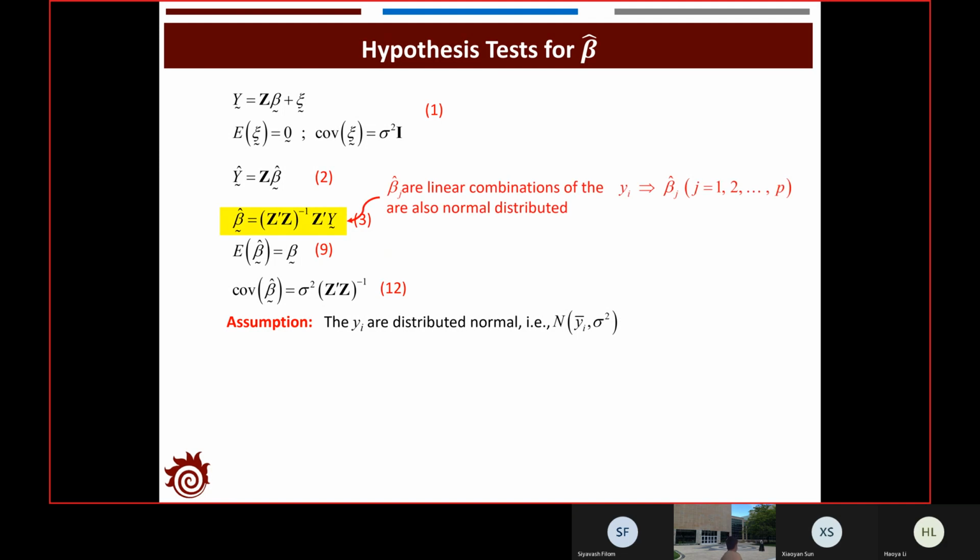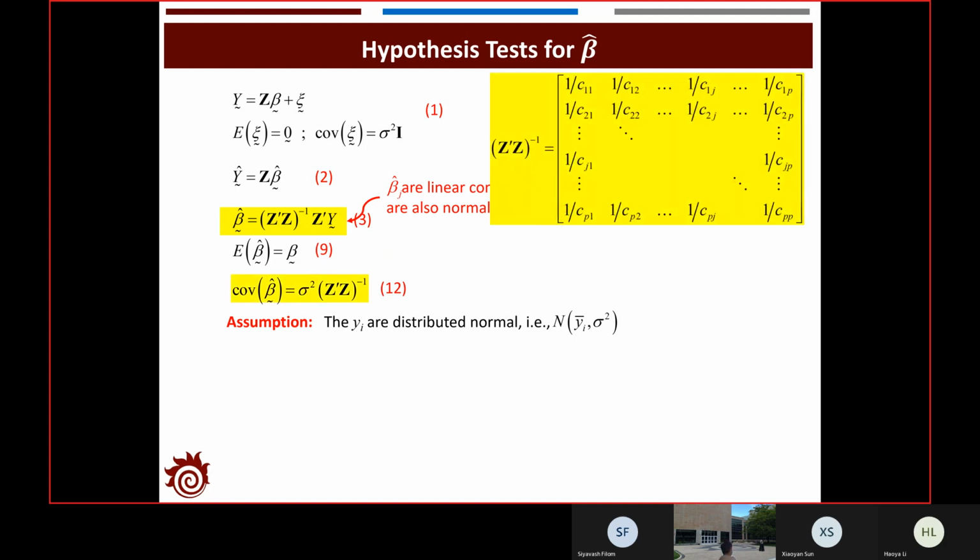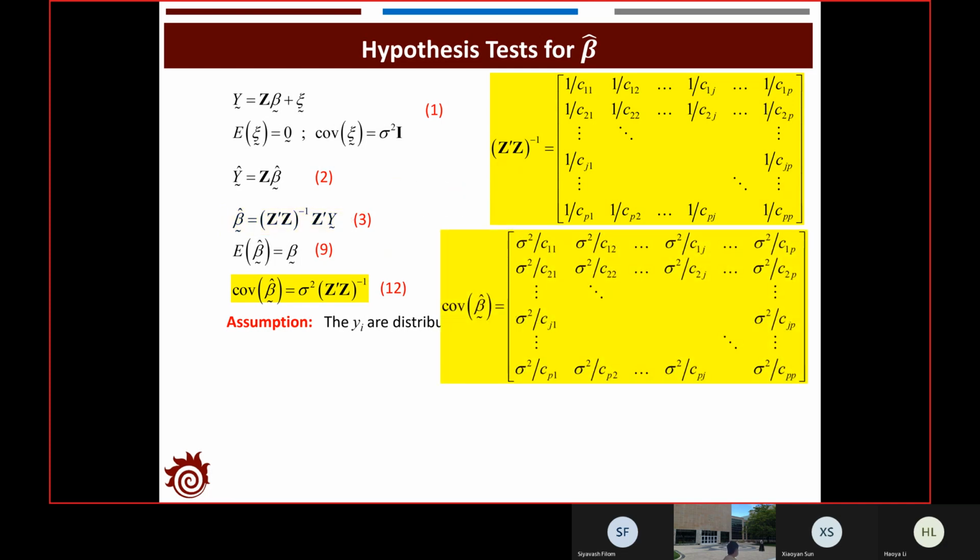And we also know the definitions of the formulas to estimate the beta hat. And we have the covariance of the beta hat as we derived previously. Now, with that, we can get the covariance of the beta hat. That will be sigma squared times Cij.